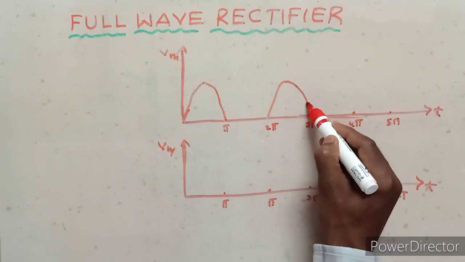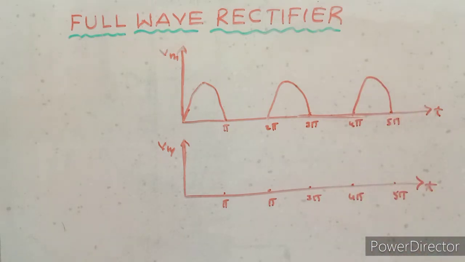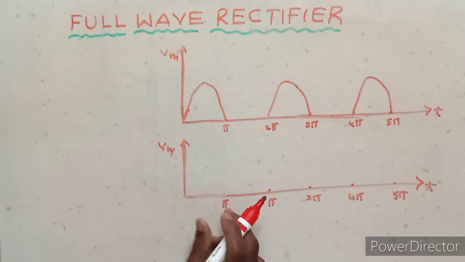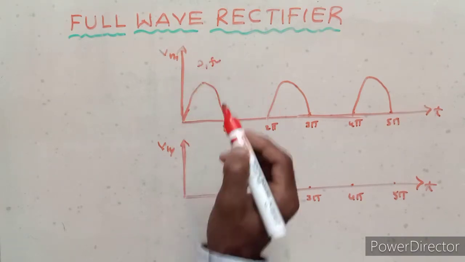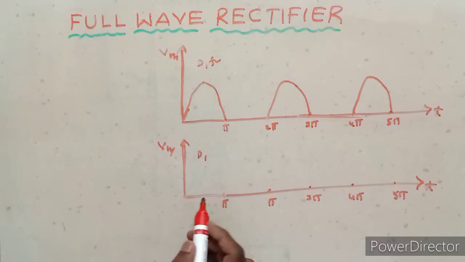In the reverse potential, at a negative potential, D1 is reverse biased and does not flow the current. Here D1 is forward biased; here D1 is reverse biased, so the current does not flow.